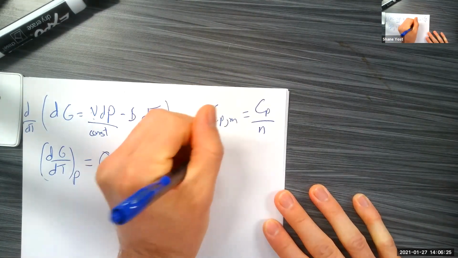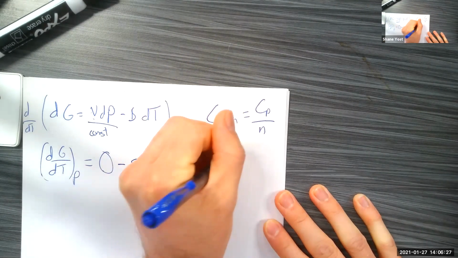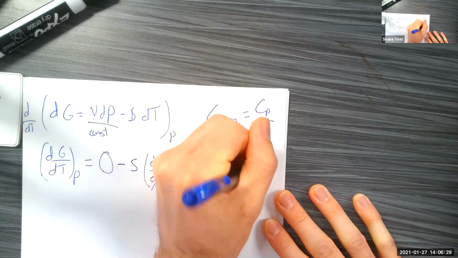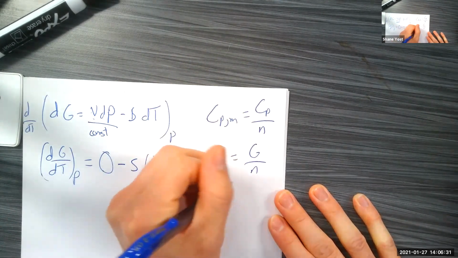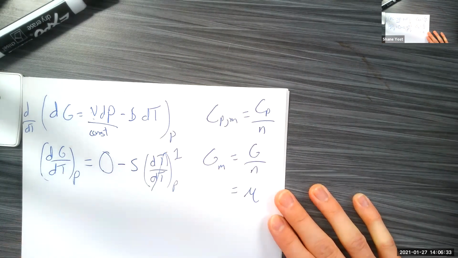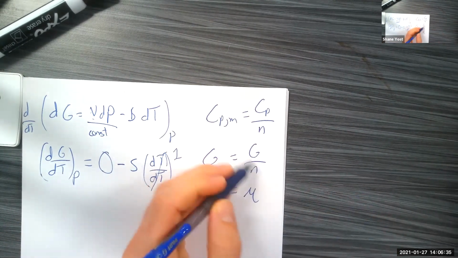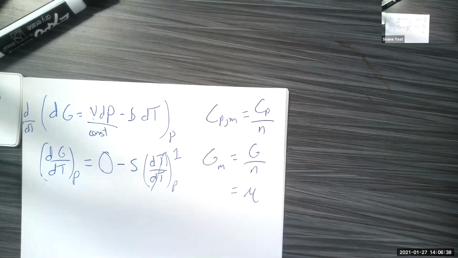So GM is just the Gibbs free energy divided by the number of moles, and that happens to also equal the chemical potential. The chemical potential is related to the Gibbs free energy divided by the number of moles, that molar Gibbs free energy. So whenever you see a subscript M, that means it's just this quantity divided by the number of moles, which makes it an intensive quantity.